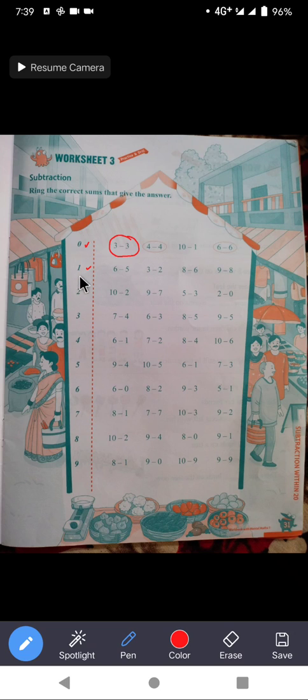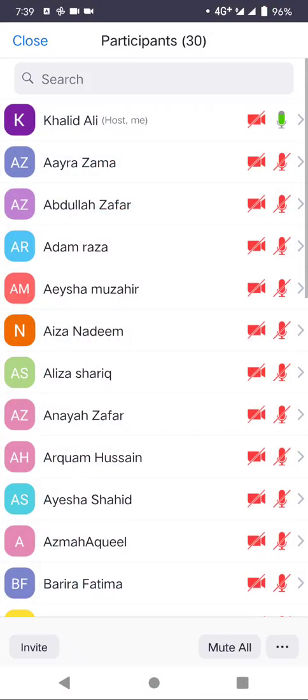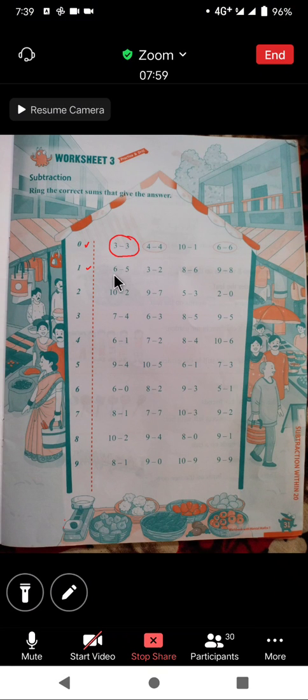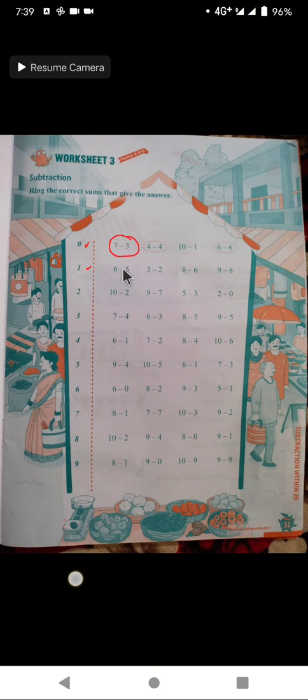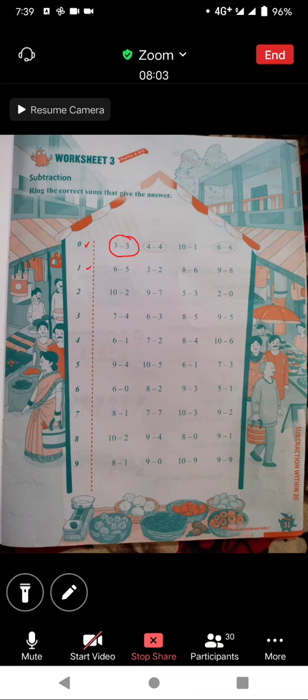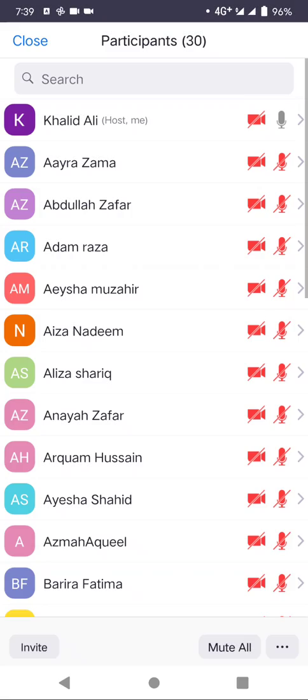Which sum is giving the answer one? We have to circle that. So 6 minus 5 is equal to, yes students, one.